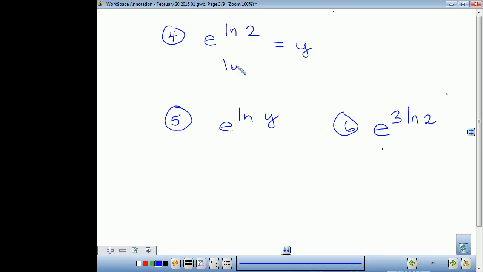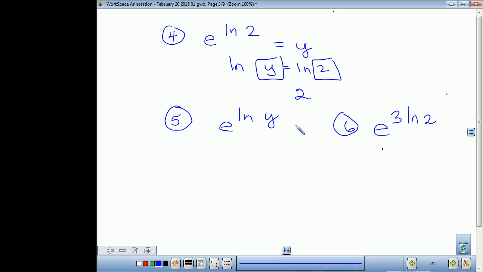Well, log base e of the answer equals the exponent. But like I just said a second ago, do we ever write log base e? No. Instead of log base e, we write natural log. So what is the only way this can be true? If y equals 2.